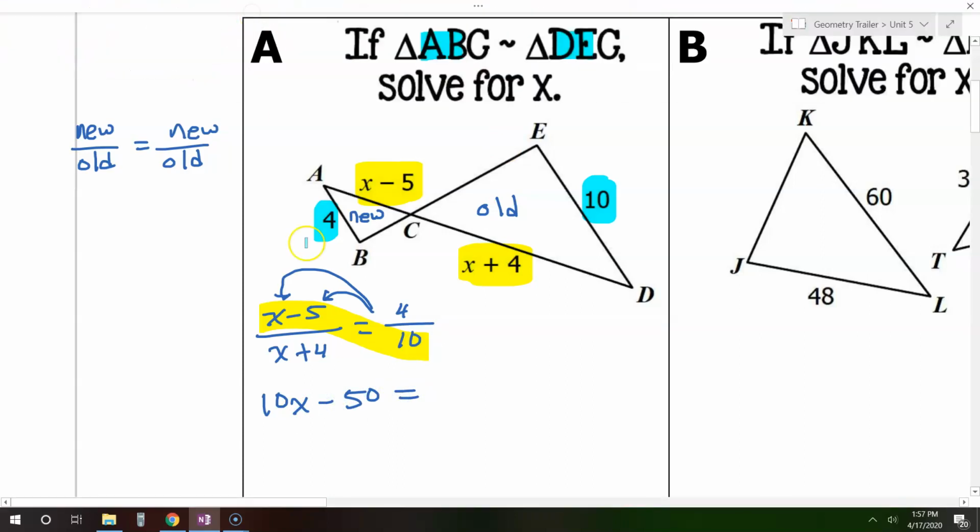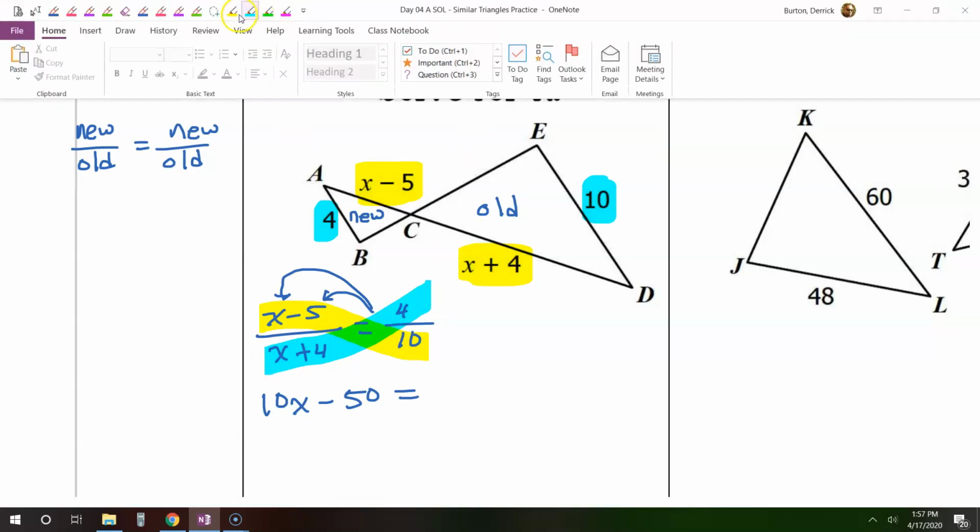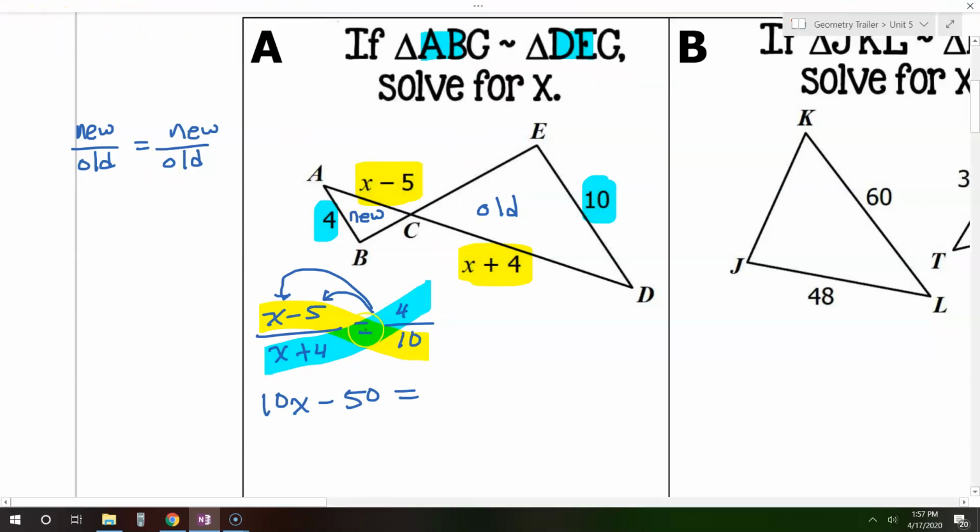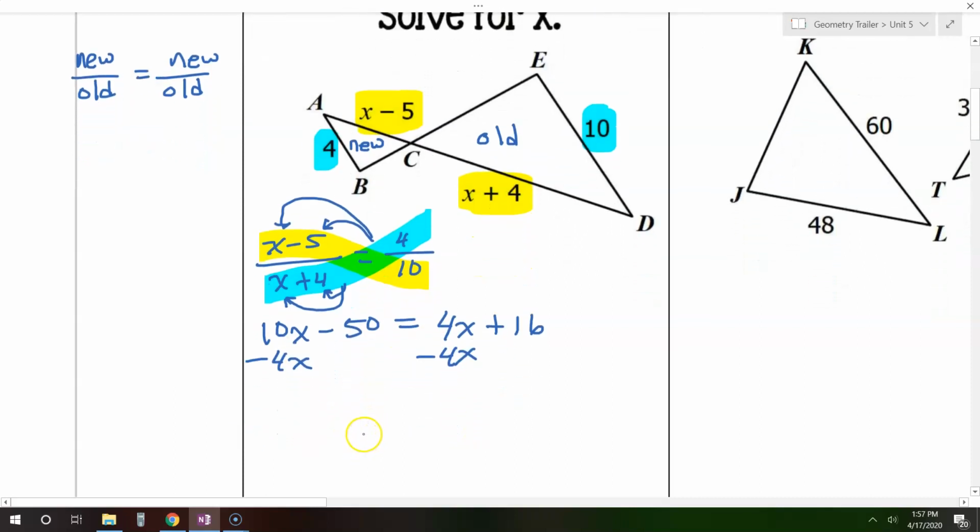Then I do the up diagonal for the other side of the equation, and again I'm doing the distributive property. I'm taking this 4 and multiplying by the x, and multiplying by the 4. So that's going to give me 4x plus 16. All right, I see I have x's on both sides of the equation, so let's subtract 4x from both sides.